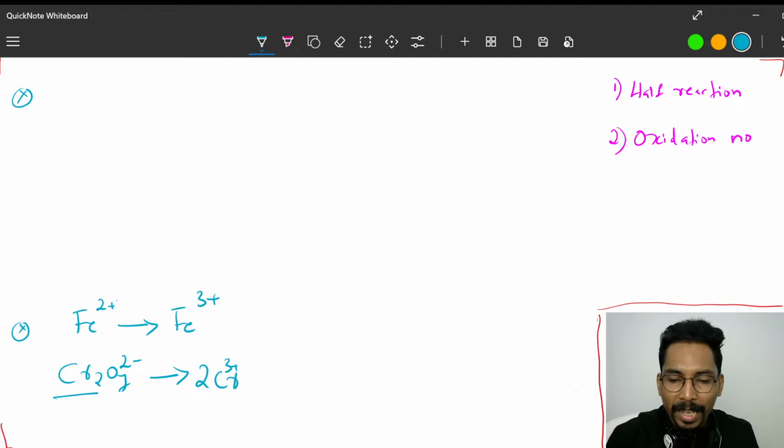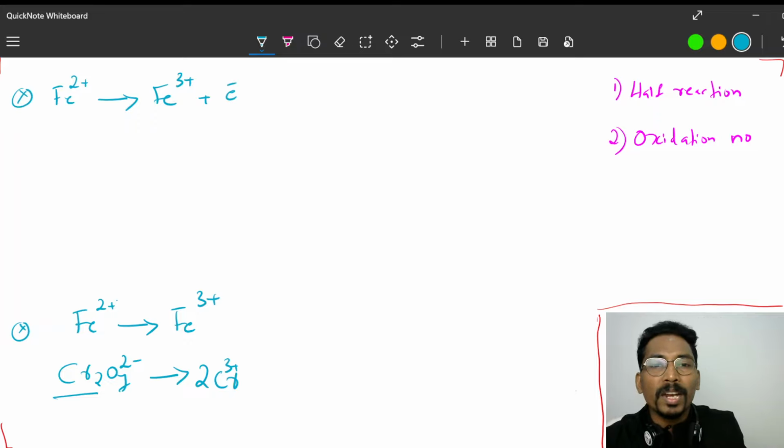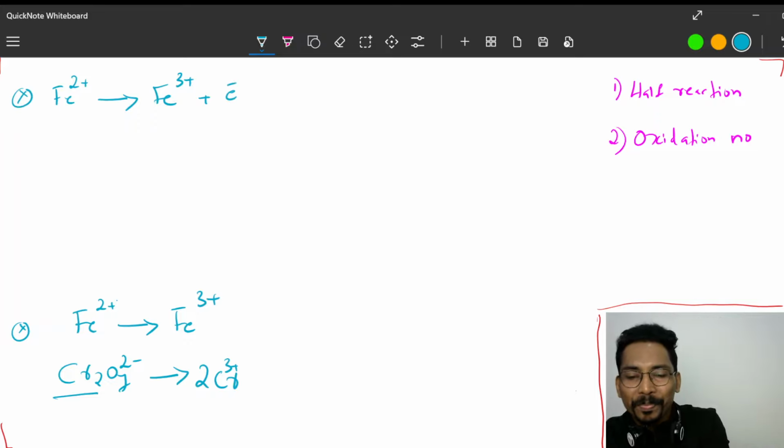So we can write Fe2+ gives Fe3+ plus an electron. Always remember: whenever you are writing an oxidation half equation, represent electrons after the arrow mark, that means on the right hand side of the equation.